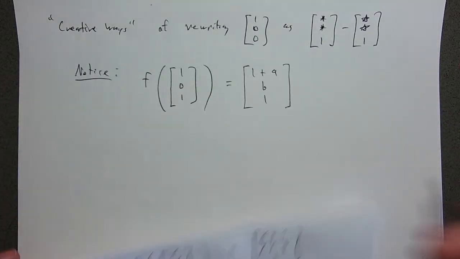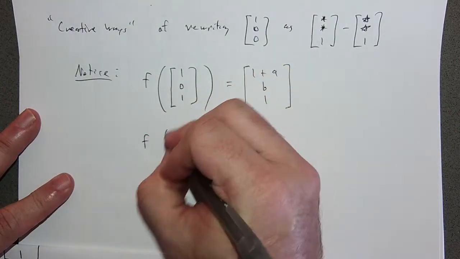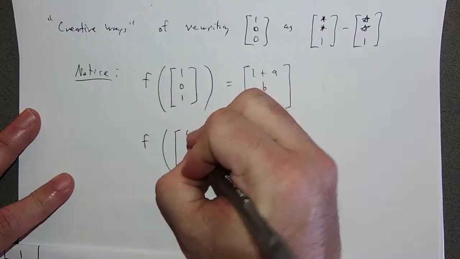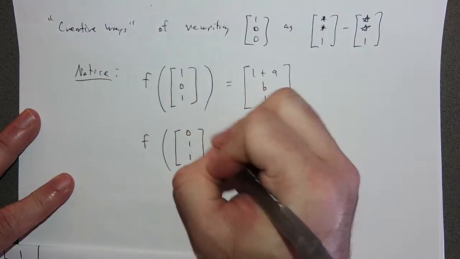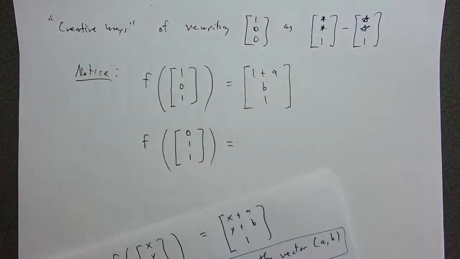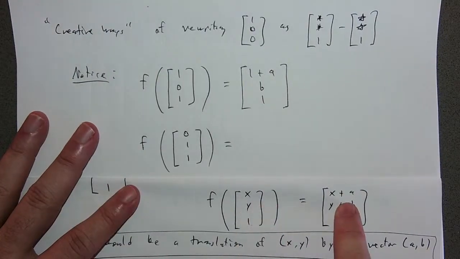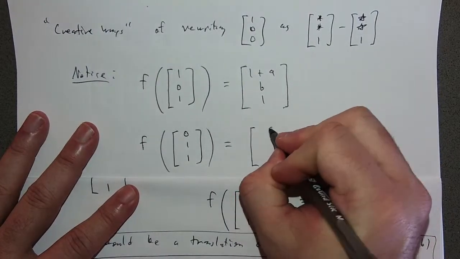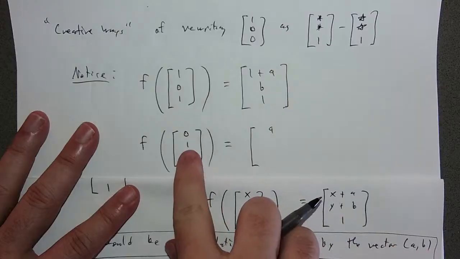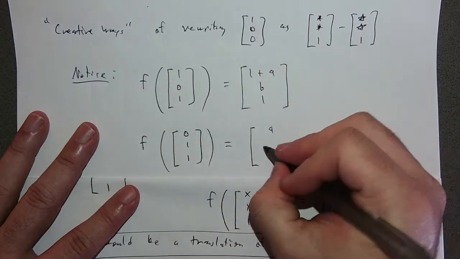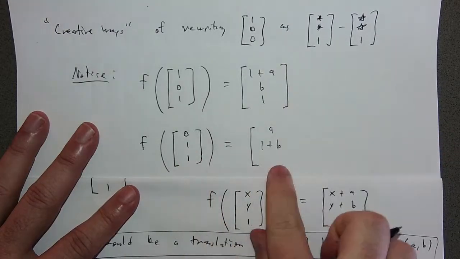And f of 0, 1, 1 is, again, putting this here so you can see, this is 0 plus a, so this is a, y plus b, so this is 1 plus b, 1.